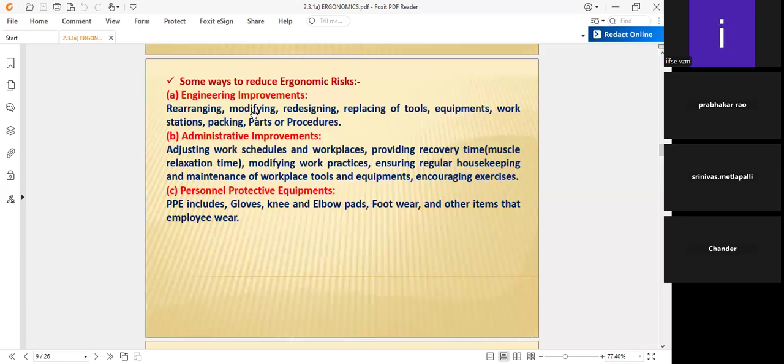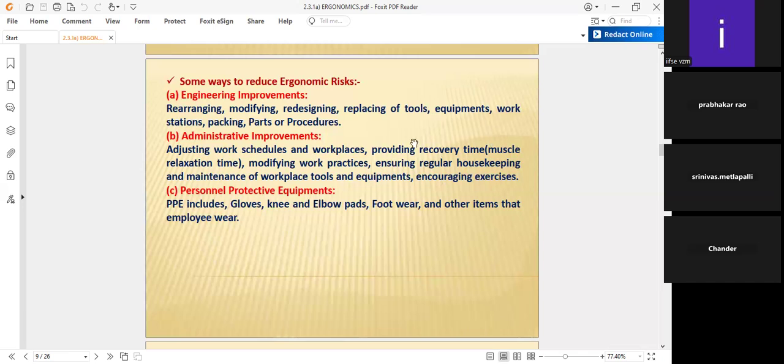Engineering depends only on the management. Administrative depends on management only. But this is a very, very important factor, because in engineering the organization cannot put efforts towards moving from manual work to machinery. Going from manual to machinery, definitely employee reduction will be there.